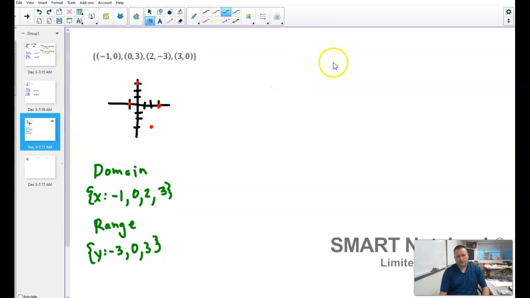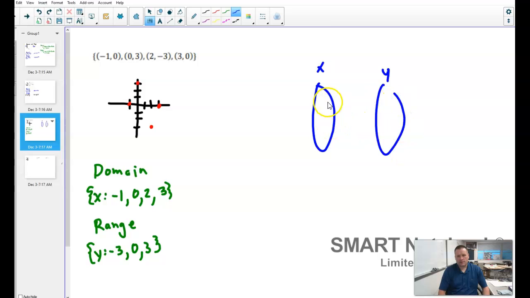Okay? Maybe you guys have seen mappings before, where you have your X and your Y here, and it draws these arrows to some of these values. If this was -5, 0, and 2, and then this was 3, 4, and 5, and I was to write my domain for that, it already has it organized for me.